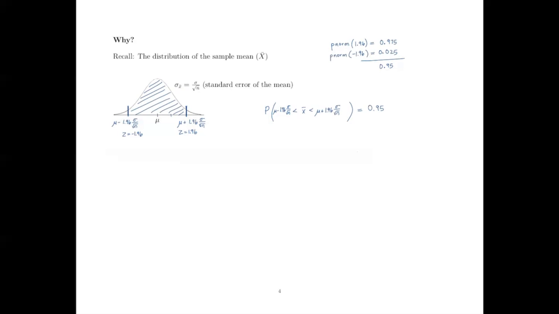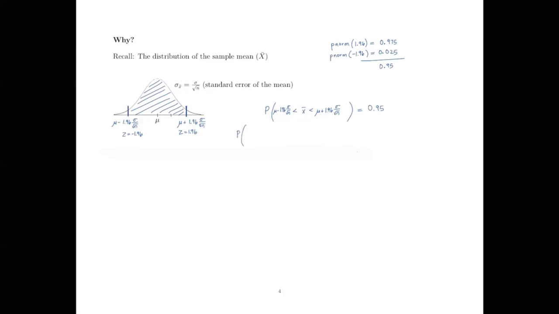So from there, we can do a little bit of algebra. You can picture three sides of an equation here. We're going to rearrange this until mu is in the middle instead of the x bar. The first thing I'm going to do is subtract x bar from everything.